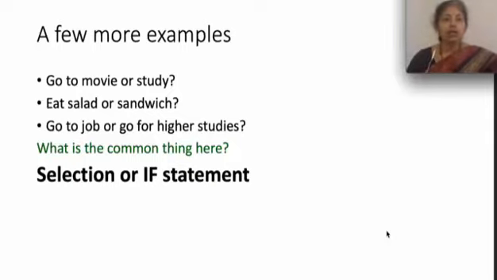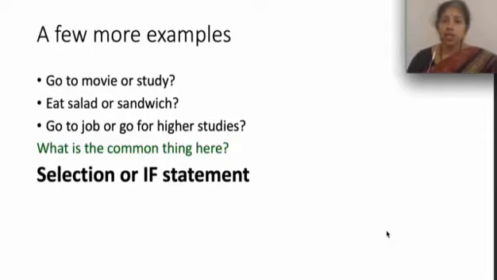Or if you want to go for a job or go for higher studies, a decision is to be taken. The common thing here is you need to take some decision, and if you want to go with a movie, there are separate steps, and if you want to study, separate actions are there.